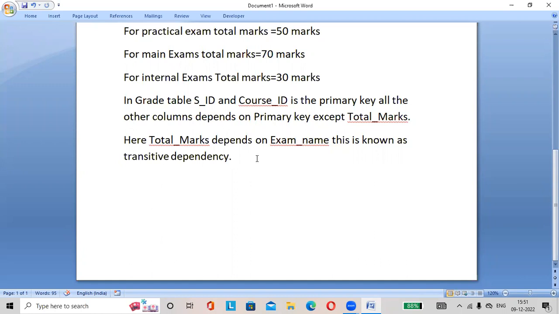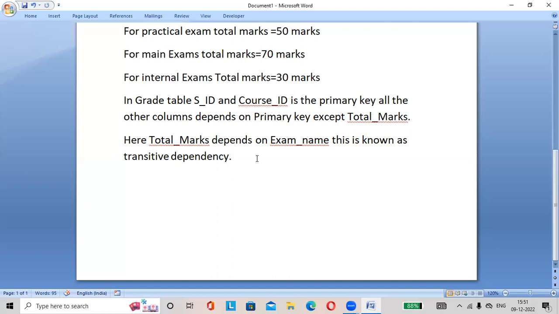What is the solution for this? Here the attribute total marks is dependent on the other attribute exam name, which is not a primary key. So this leads to transitive dependency.